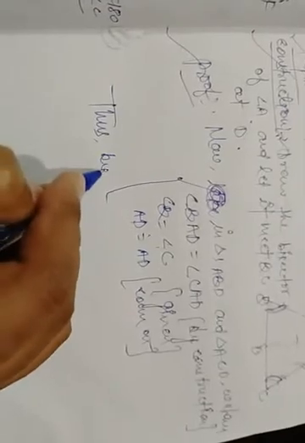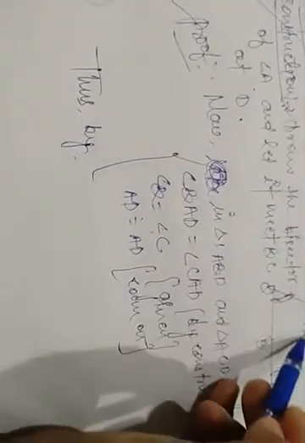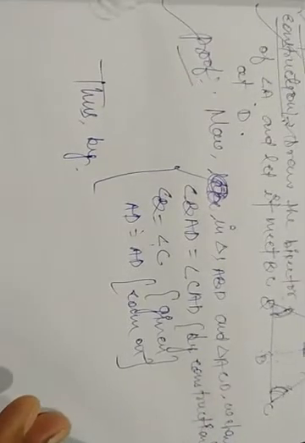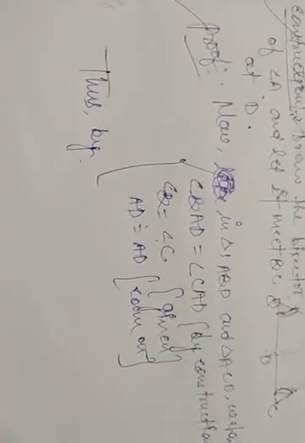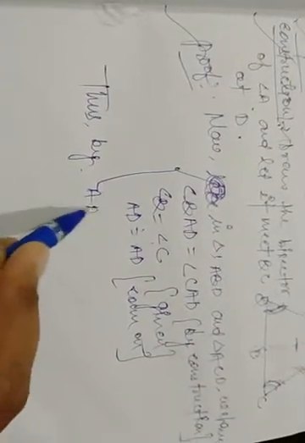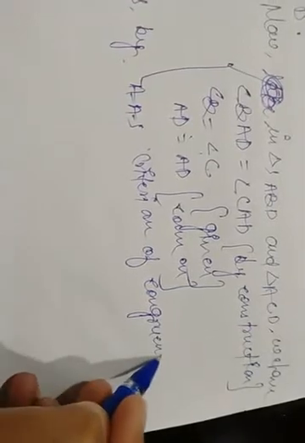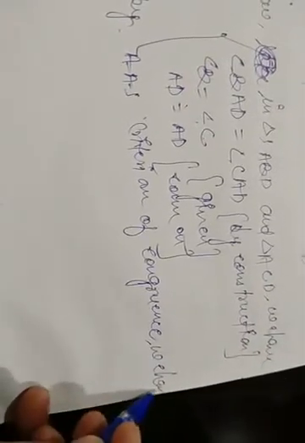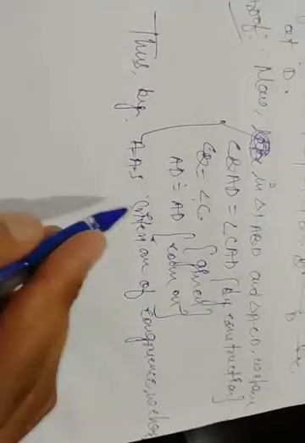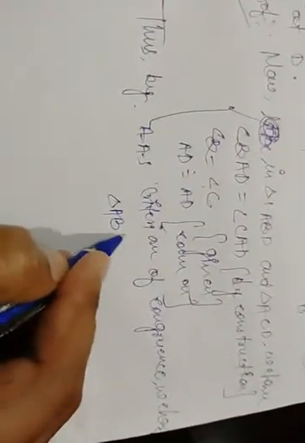Thus by the angle-angle-side criterion of congruence, which we proved in the previous theorem, we have triangle ABD congruent to triangle ACD.